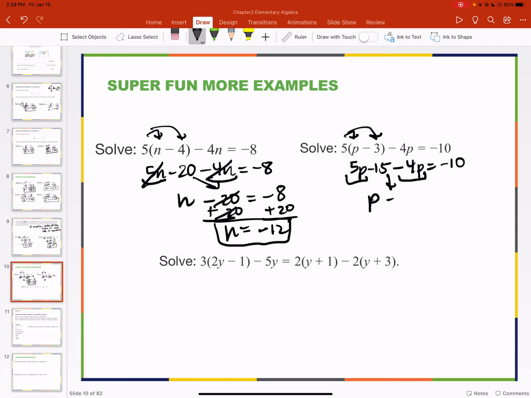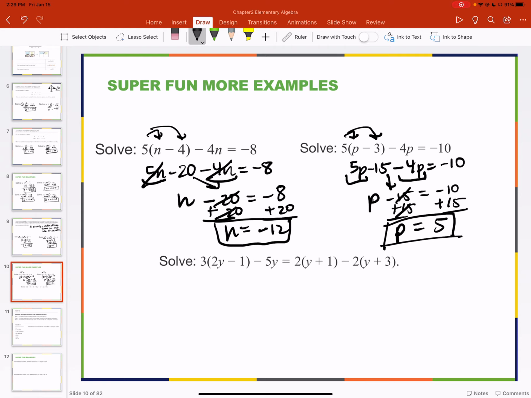So then we bring down this minus 15 and the equal sign, and we bring down this negative 10. Then again, to solve for p, we do the opposite, which is to add. That cancels it on the left-hand side, and on the right-hand side, negative 10 plus 15 is subtraction. That would be 5, and we keep the sign of the larger number, which is positive.